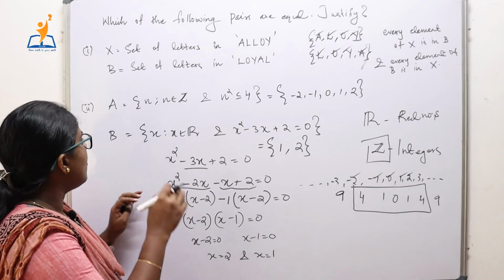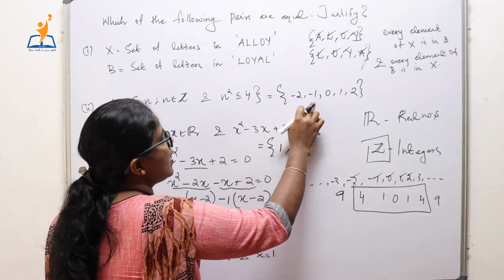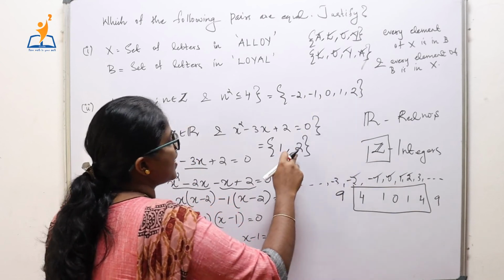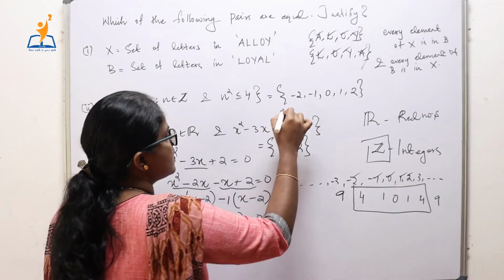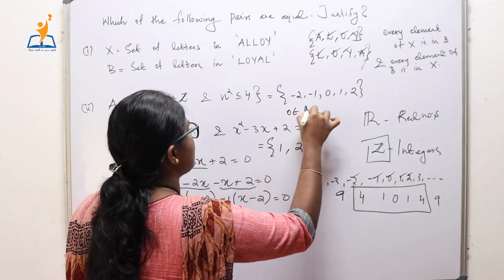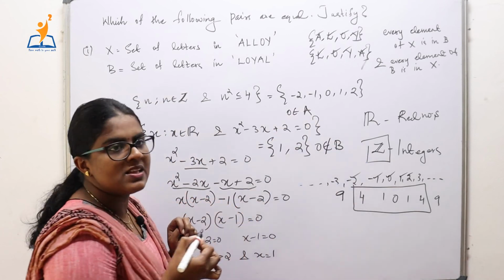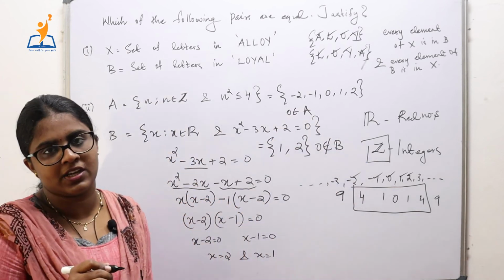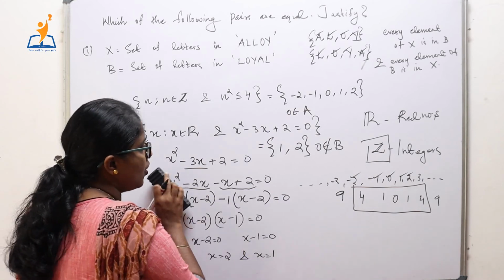So we got B and A, and here we have minus 2, minus 1, 0, 1 and 2. Here we have only 1 and 2. So here we have 0 belongs to A, but 0 does not belong to B, which means every element of A is not in B. Therefore we can say that these two sets are not equal.